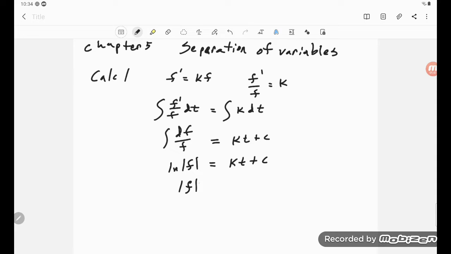We got the absolute value of f is e to the kt times e to the c, which I could rewrite as, say, c1 or something. But that was in Calculus 1, the idea of separation of variables.